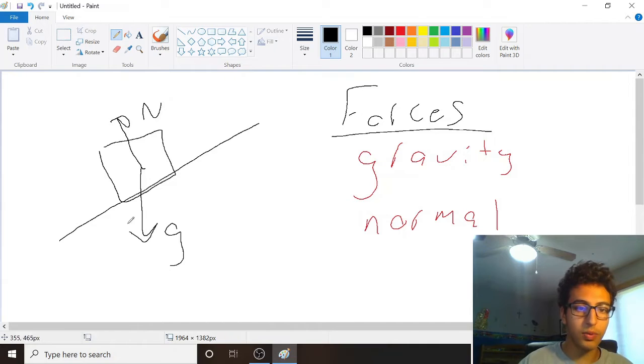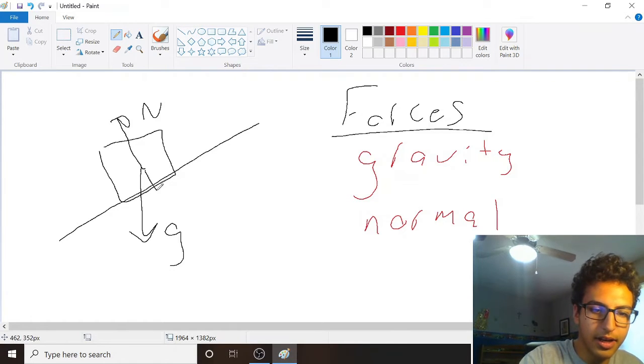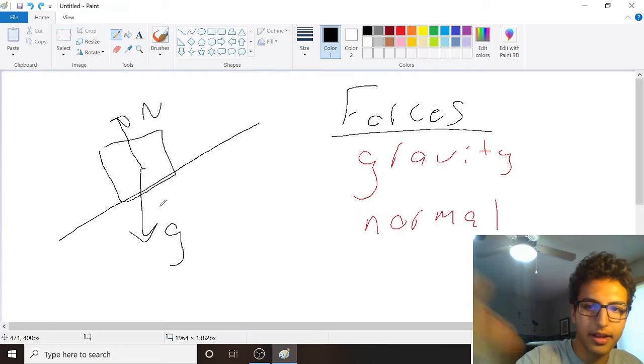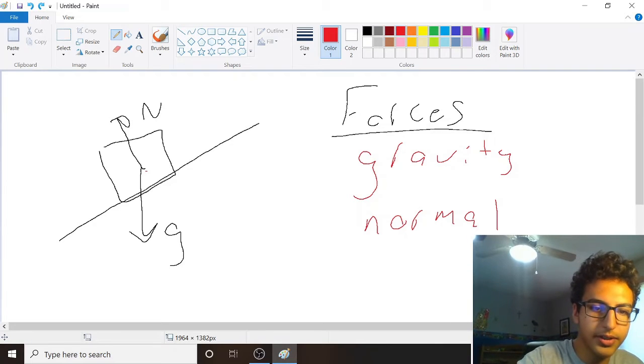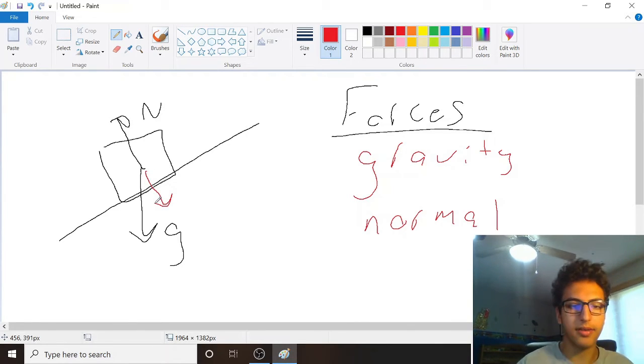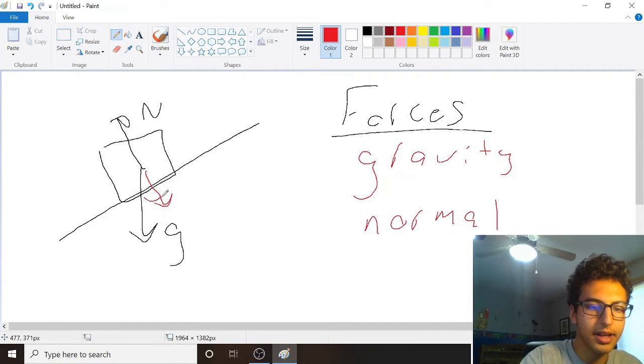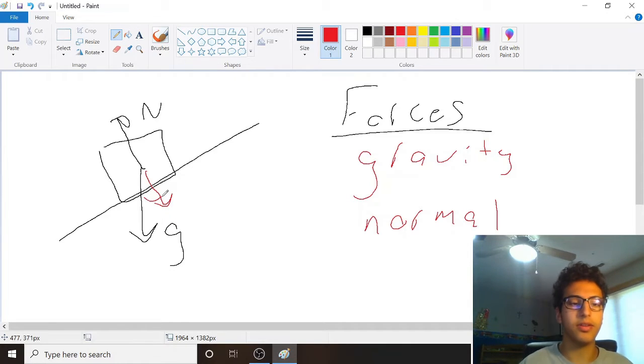Okay, and what do we know when we put a box on an incline like this? It's not moving up or off the incline. So we know that there's another force here. And what's that force? It's the vector component of gravity in this perpendicular direction.